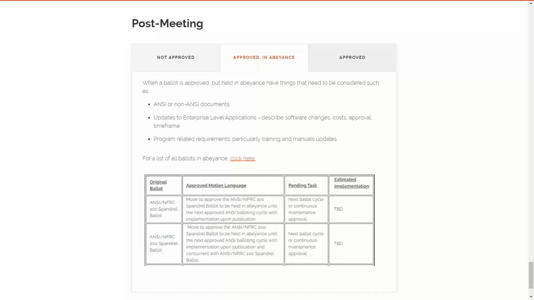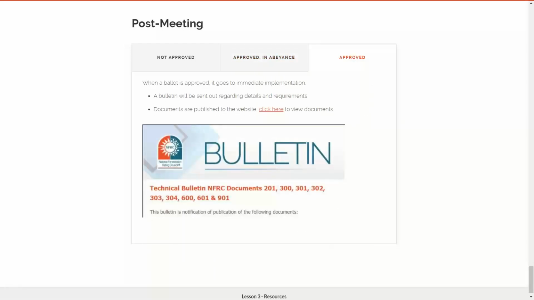For ballots that are approved, even though there's no delay in the implementation of the ballot language, we do have some tasks. We need to format the ballot according to the approved ballot language. NFRC will also distribute a bulletin providing the implementation details and requirements.